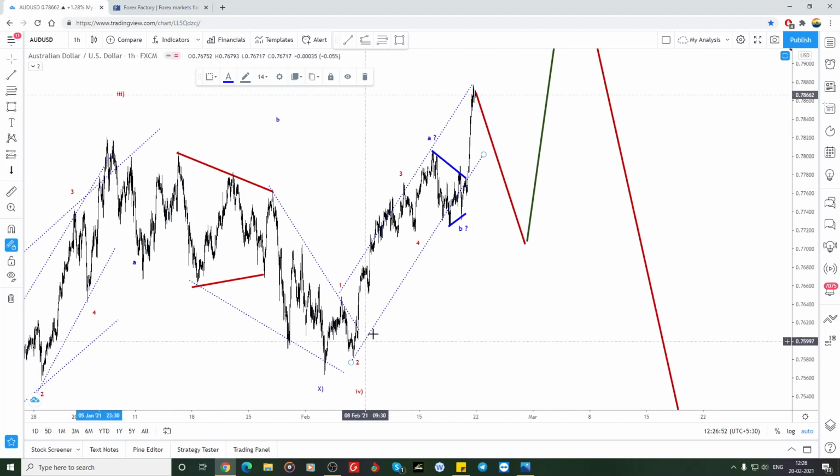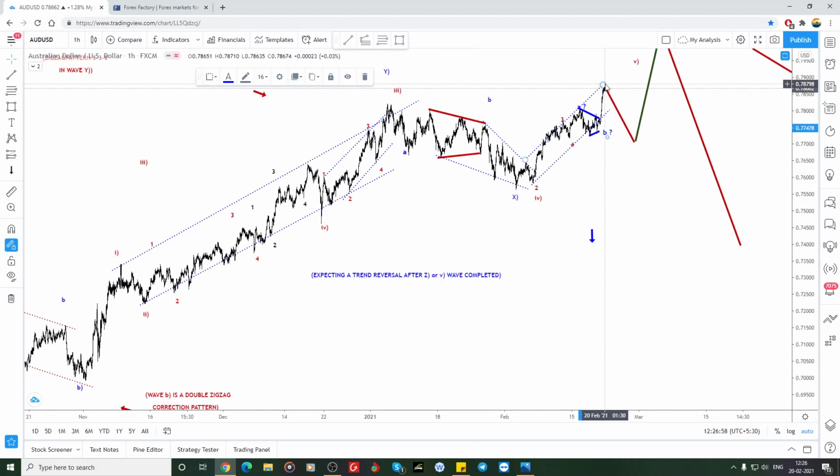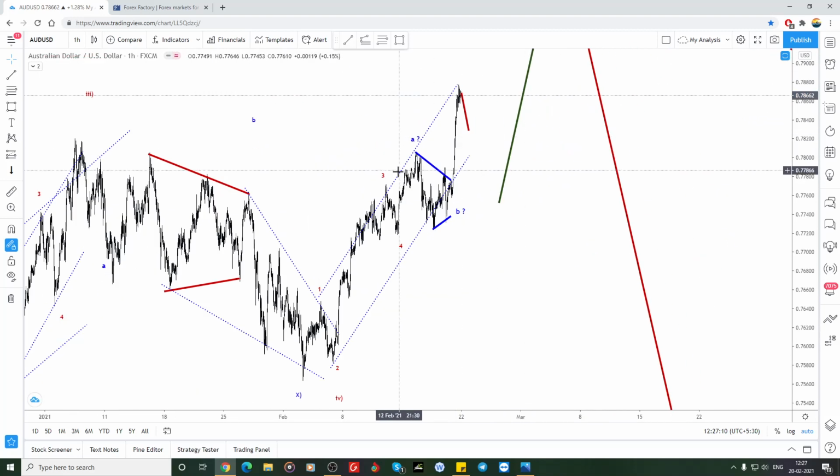So whether this is the A and we are in the triangle, B, C started already. After that, it could be a 1, 2, 3, 4, 5. So it is going to make an 8, 1 from here, or sometimes it looks like the fourth wave is a triangle, because here it could be ABC 1, ABC 2 like that, a diagonal formation.